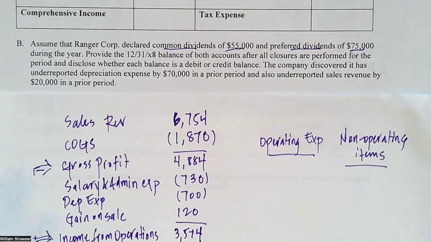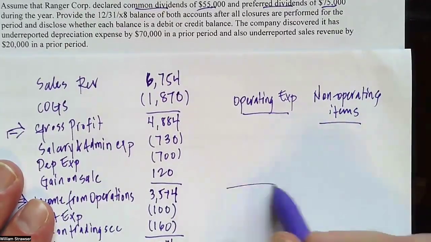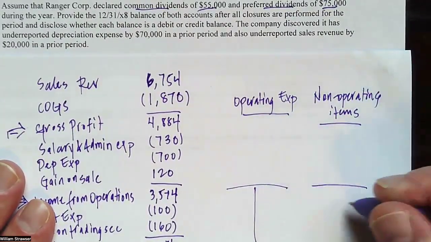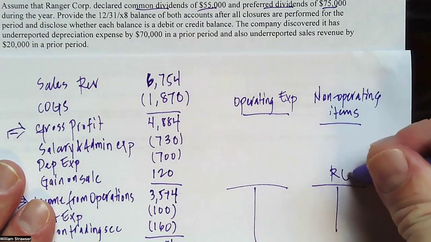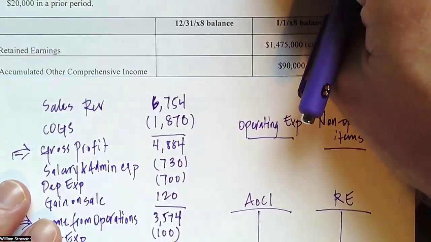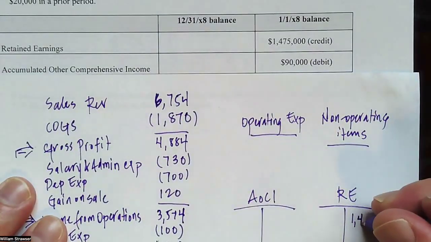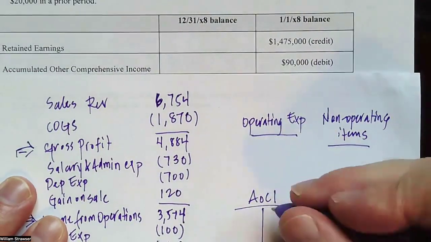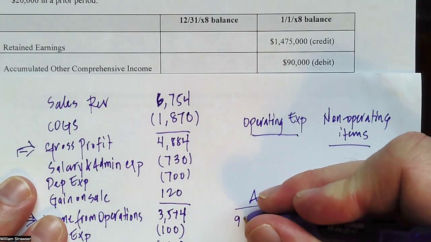So now we just need to, again, my advice, create a T account and start with our beginning balances, 1,475,000 credit, 90,000 debit.